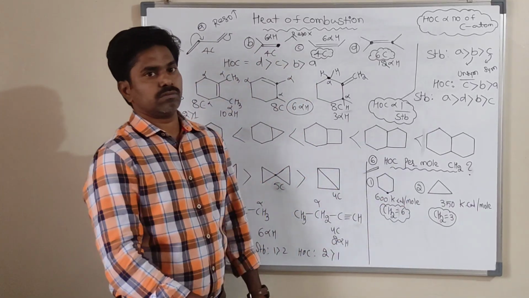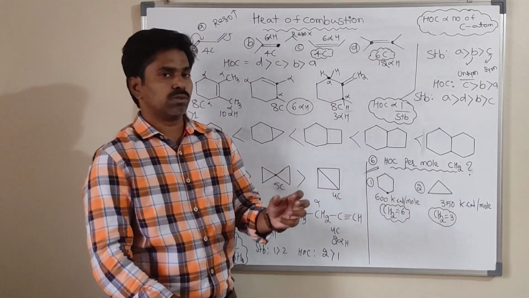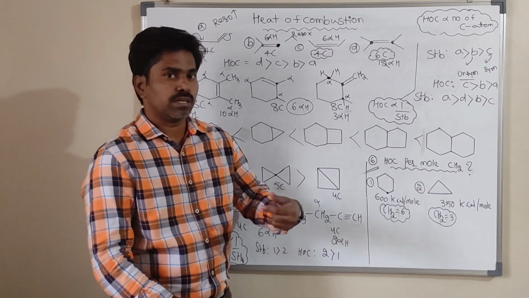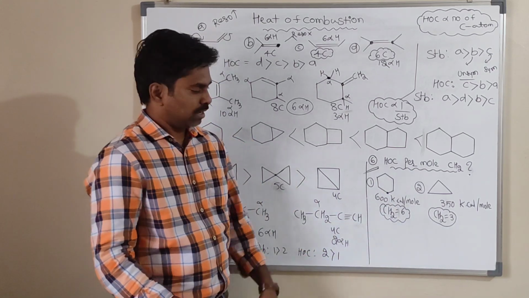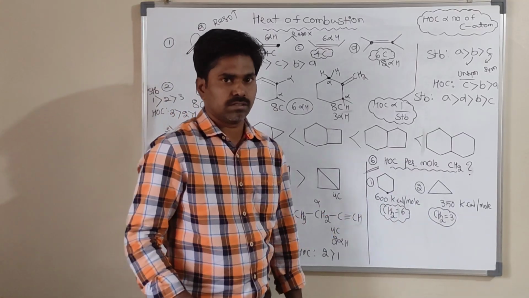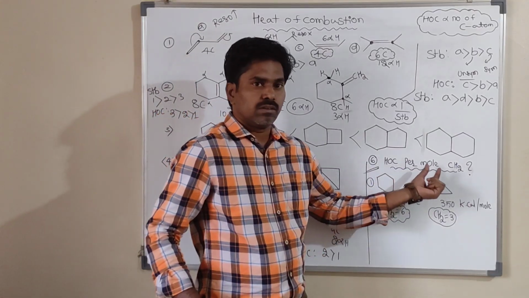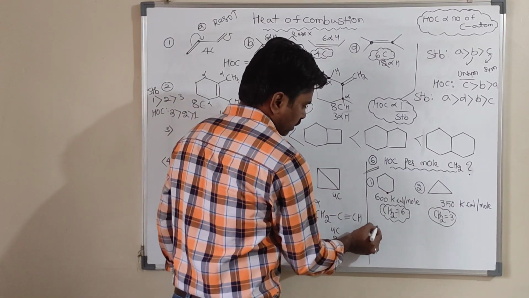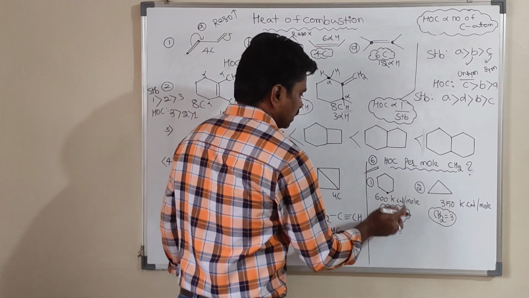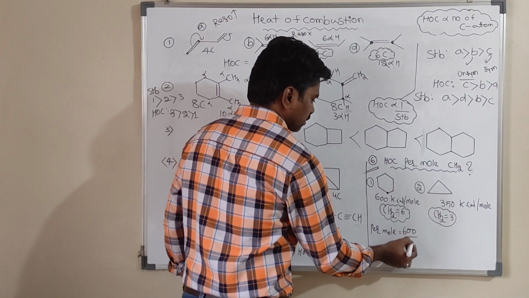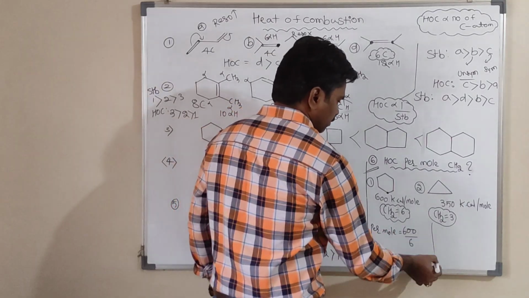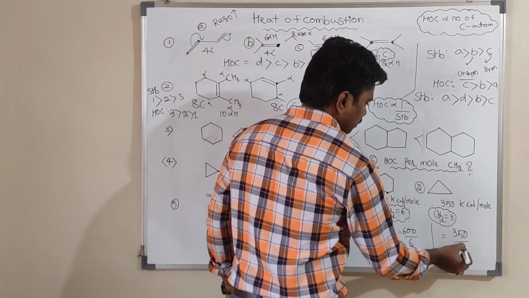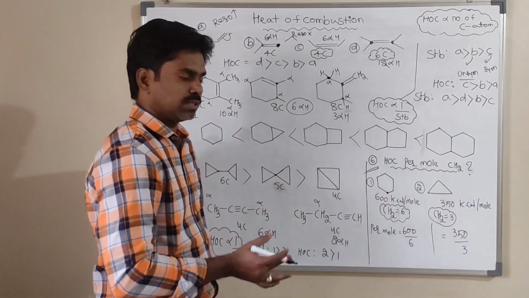heat of combustion. That means how much heat of combustion one CH2 gives, meaning how much heat is released per CH2, that is the question. We usually see the options and answer directly, but here we calculate the per mole CH2. So per mole CH2 means 600 upon 6 CH2. At the same time, here per mole is 350 upon 3, where 3 is the number of CH2.